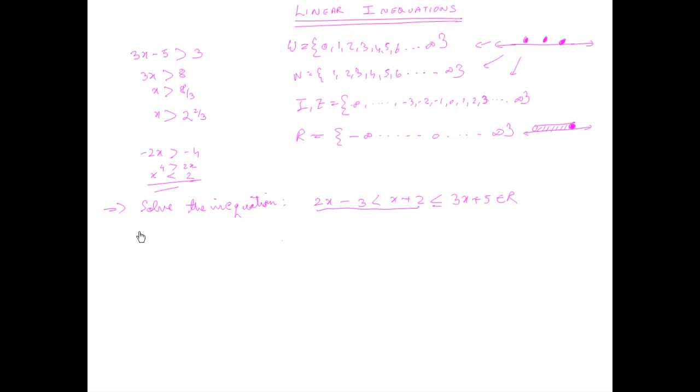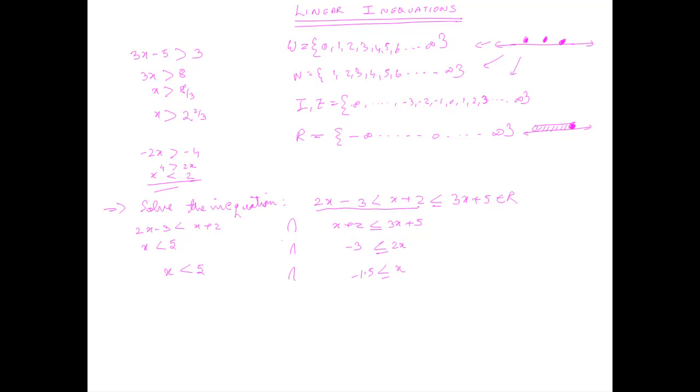So 2x minus 3 is less than x plus 2, and x plus 2 is less than or equal to 3x plus 5. Bring x this side, so x is less than 2 plus 3, that's 5. And here we get 2x is less than negative 3? That gives us negative 1.5 is less than x. And x is still less than 5.